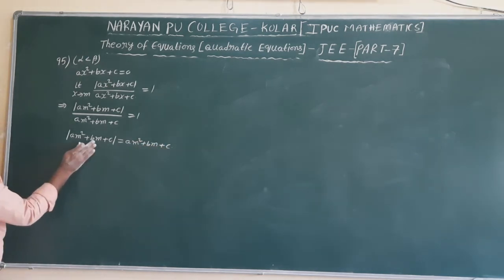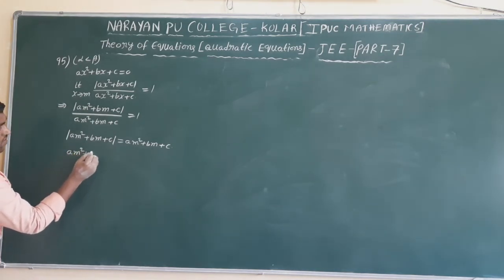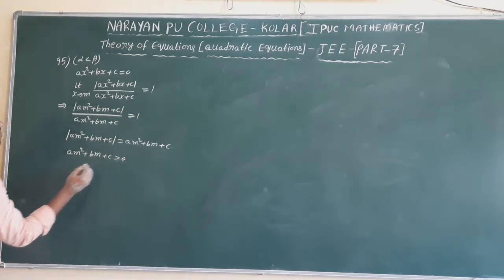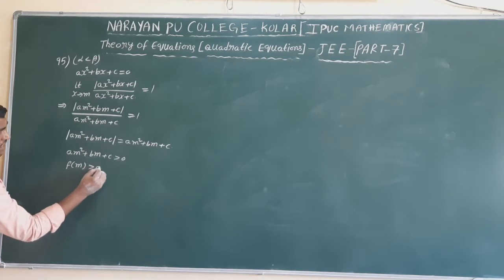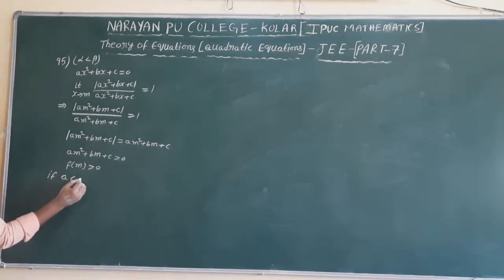So modulus is positive, which means obviously the function is greater than 0: am square plus bm plus c is greater than 0. That means f of m is greater than 0.